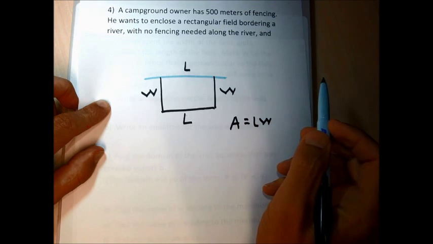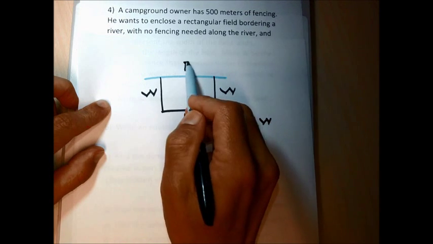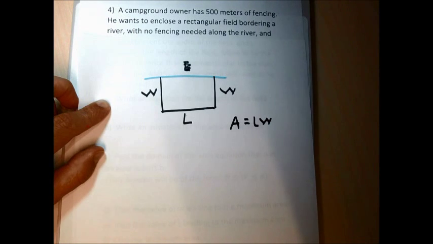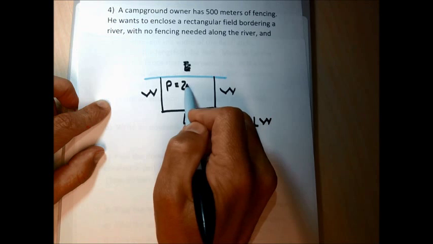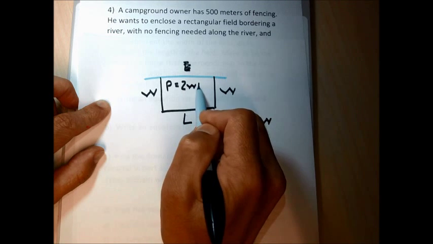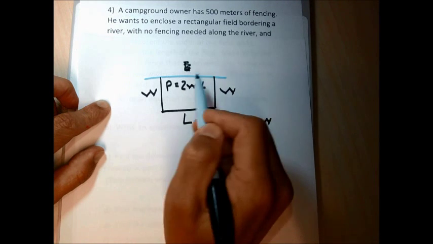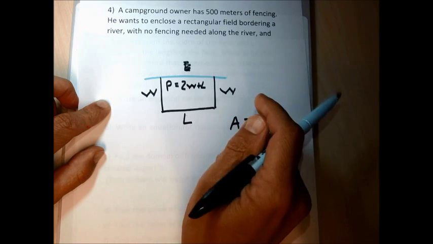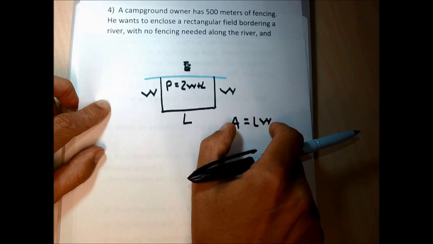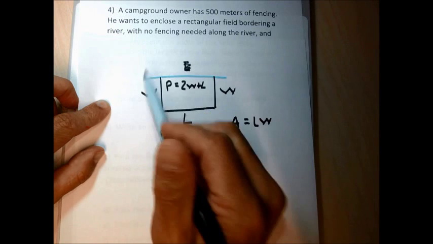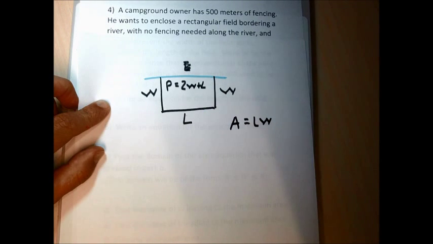The perimeter is 2L plus 2W, but the perimeter that I'm building is 2 W's and 1 L. So the perimeter equation is going to take into consideration that I'm not building all 4 sides. The area equation, it's still a rectangle whether I'm building 3 sides or 4 sides. This whole area that's being enclosed is still a rectangle that has an area of length times width.